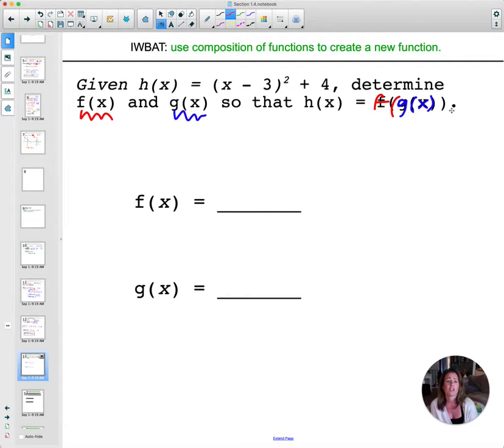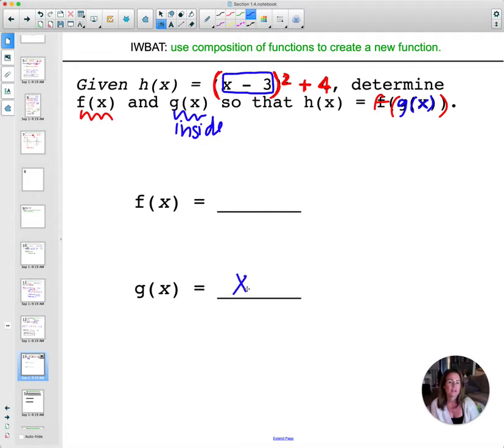Okay, so your f function is your outer function and your g function is the inside. Okay, so this one needs to be inside of something else. So then you kind of take a look and you try to see, do you see an outer, like bigger function, and do you see something that's maybe inside? So what I'm seeing is this squared, and there's parentheses here. So I'm seeing this as an outer function, and this is on the outside too. So I'm seeing that as your outer function, and then this as the inner function.